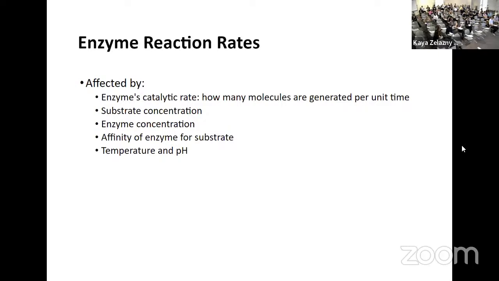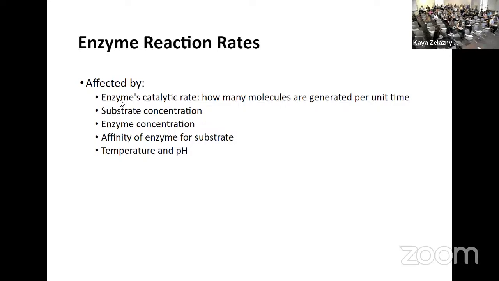An enzyme's reaction rate, we're talking about basically how fast it works, right? So we're thinking about how we can have our reactions happen faster, and why they might happen slower. There are a number of different factors that are going to affect how efficiently our metabolic processes are going.